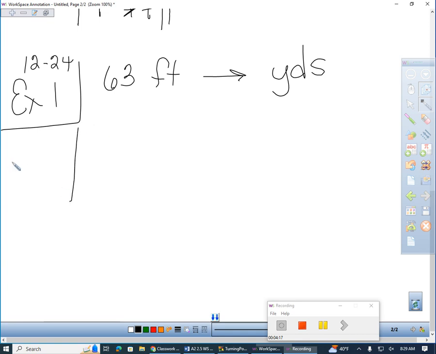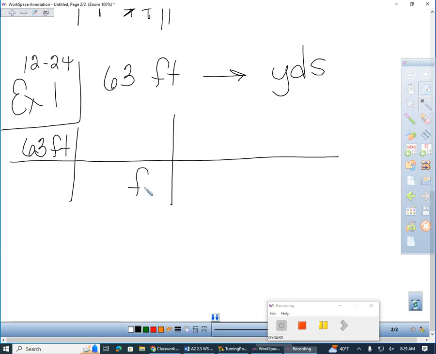So I'm going to draw my ladder. 63 feet goes in my first set of boxes. My conversion factor, because feet are on the top, I have to put feet on the bottom. Yards is going to go on top.